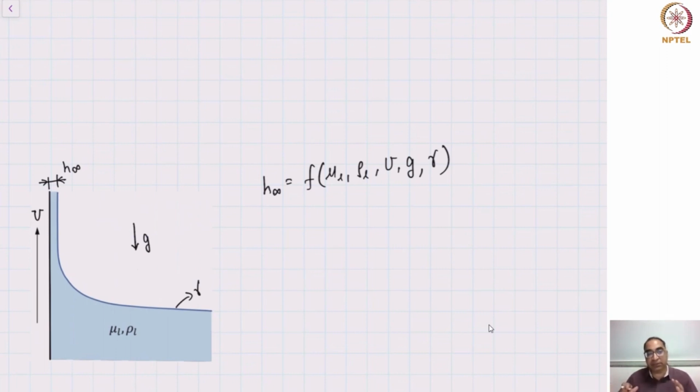When multiple forces are competing against each other, it is possible that you can have a steady state flow condition. A steady state flow condition is where the geometry doesn't change with time, and we can analyze it as a time independent problem.